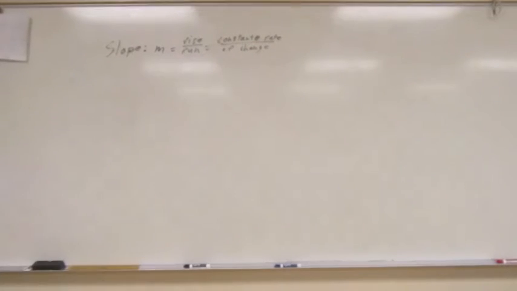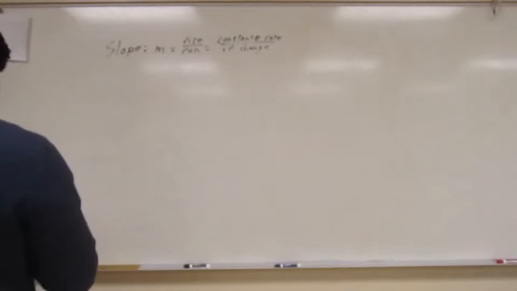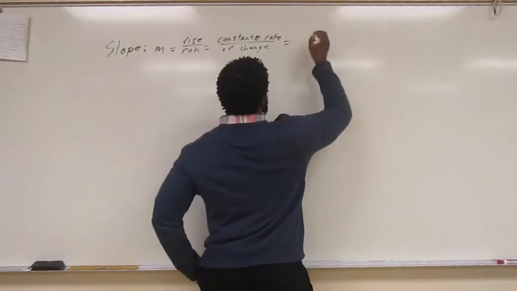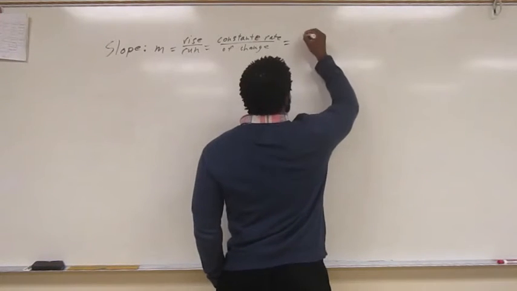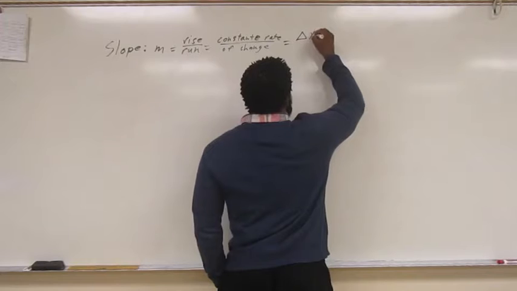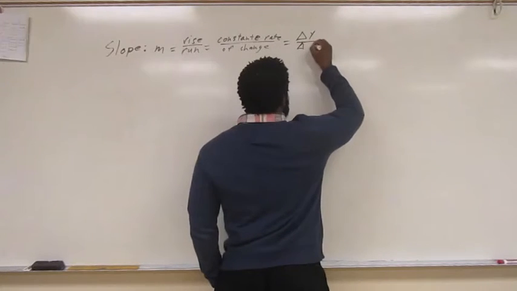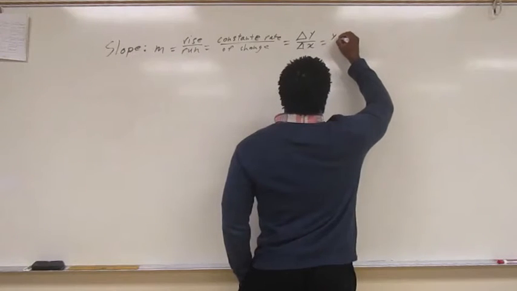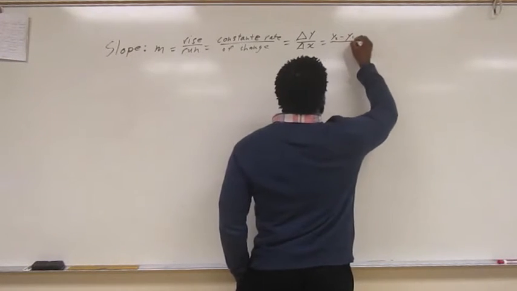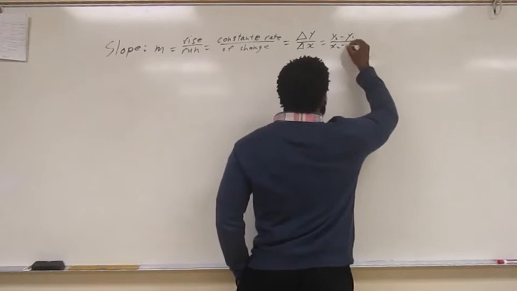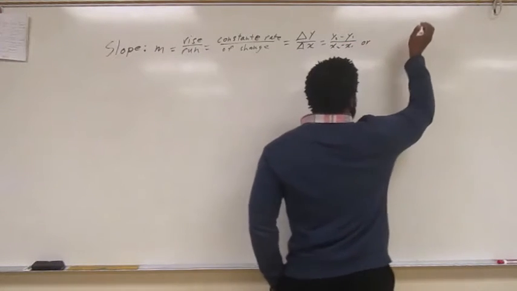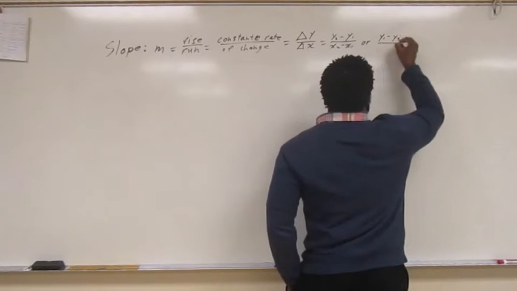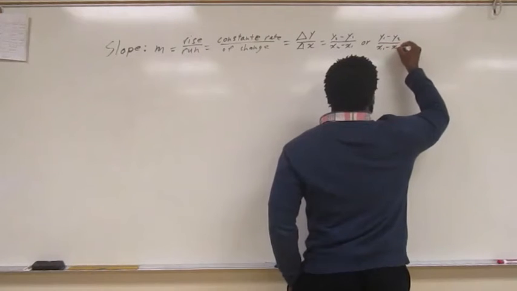Kids see this? Constant rate of change, which is equal to delta y over delta x, which is equal to y2 minus y1 over x2 minus x1, or y1 minus y2 over x1 minus x2.